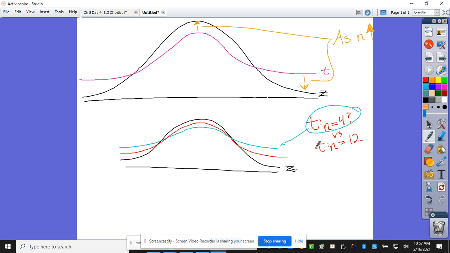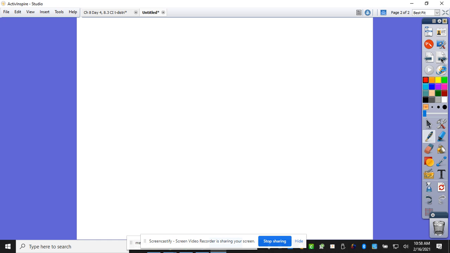Because as your sample size gets bigger, it gets closer and closer to the z. If I asked you this question this way and said, now draw it and label it, I expect you to draw this. Not that it's perfect. I want to see the red is higher here than the blue, the red is lower here than the blue, and they get closer to the black, but don't actually cross black. Or don't actually get lower than black here or higher than black here. So basically, if I asked you to draw these, you can do that.